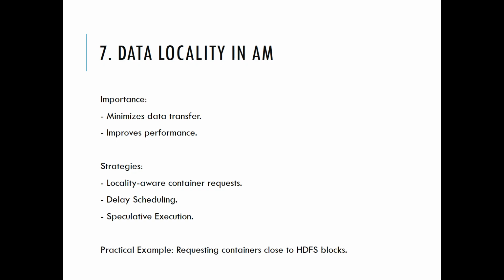Delay scheduling, where the AM waits a short time for a local container to become available rather than immediately taking a non-local one. And speculative execution, which launches duplicate tasks on other nodes if a task is running slower than expected. A practical example is an AM for a MapReduce job specifically requesting containers on nodes that hold the HDFS data blocks it needs to process.